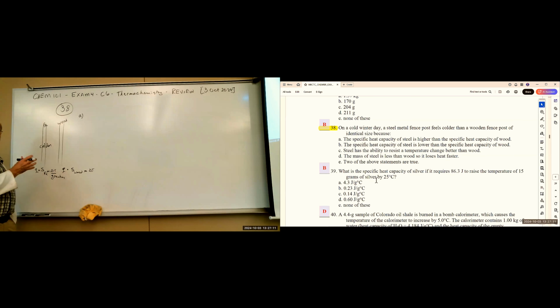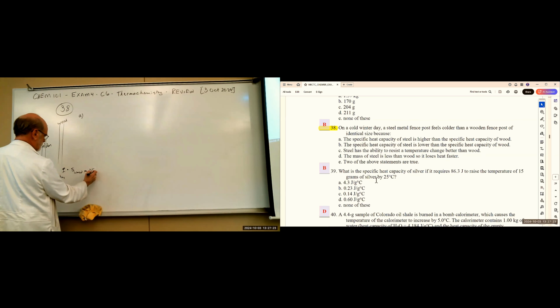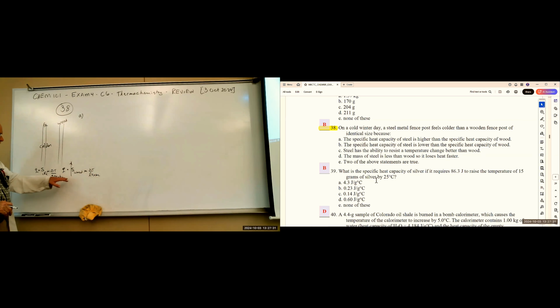If you feel it's colder, change in temperature is greater. That means that this one has to go down, as compared to this one, which, if we hold it constant, would be lesser. And this would go up. So the specific heat capacity of wood should be higher than that of the post.